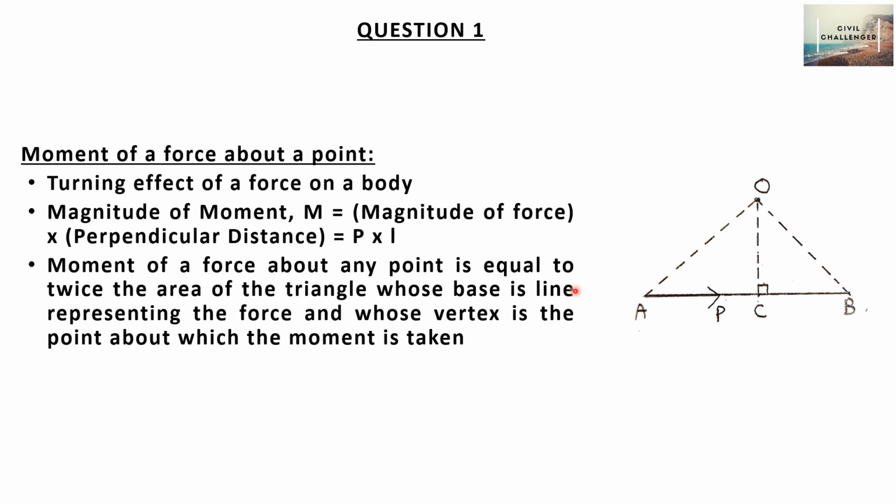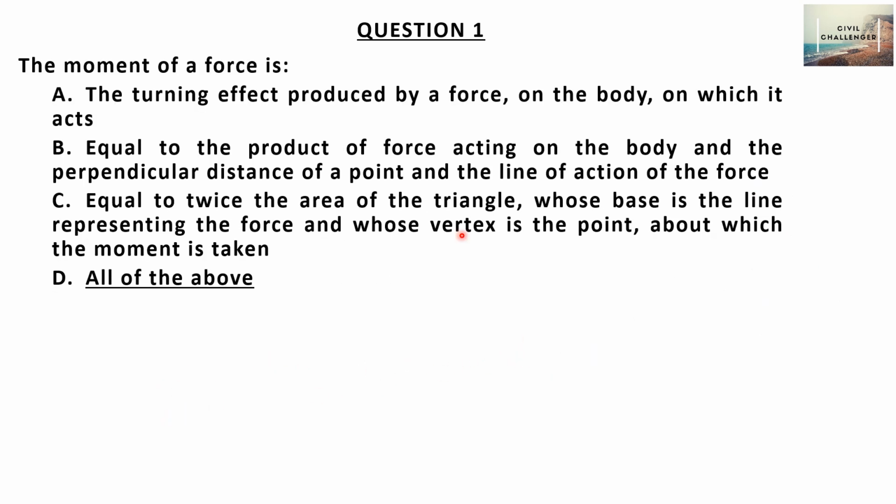Then we will get the moment of the force P about point O. So the moment of a force about any point is equal to twice the area of the triangle whose base is the line representing the force and whose vertex is the point about which the moment is taken. Therefore, the correct answer is option D.